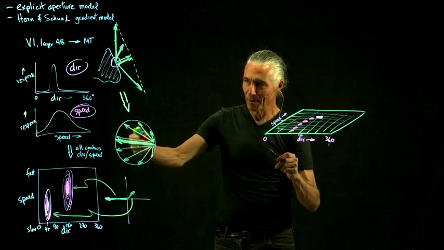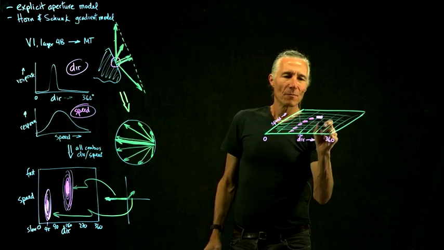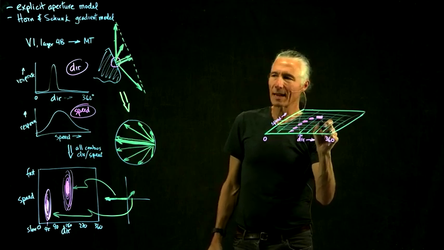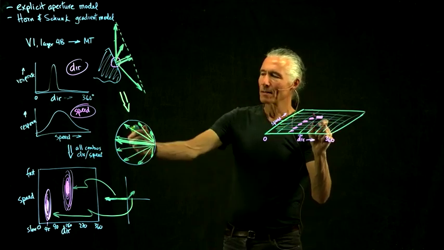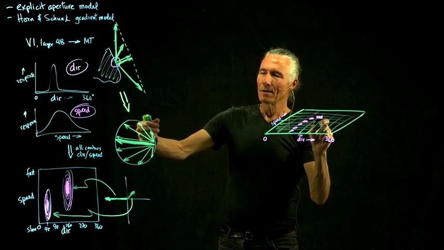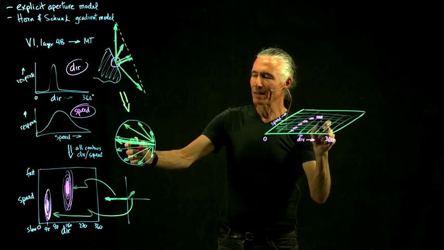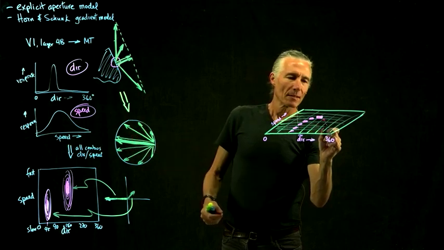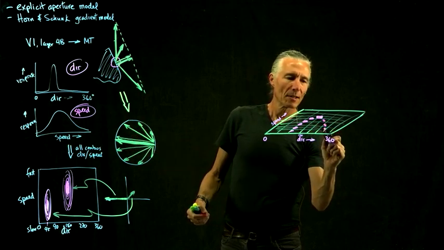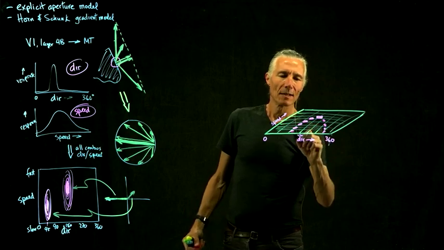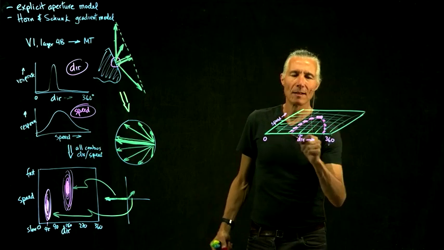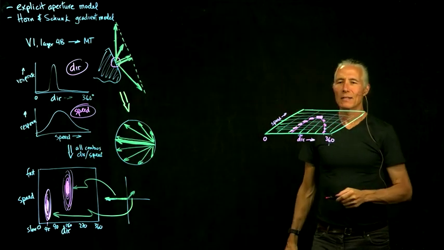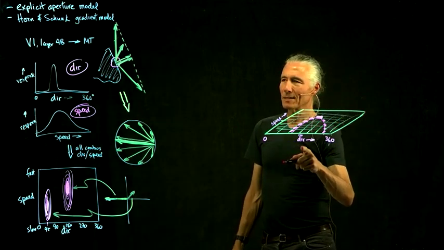That's what this diagram implies. If we have a contour that's moving perpendicular to the contour, that will give us the maximum speed. Then as we move off to the side, the speed goes down. So it's going to cover about half of a sine wave across that graph of direction and speed.